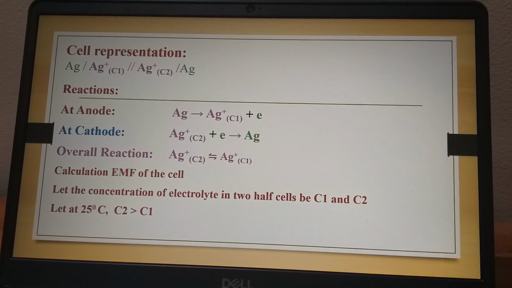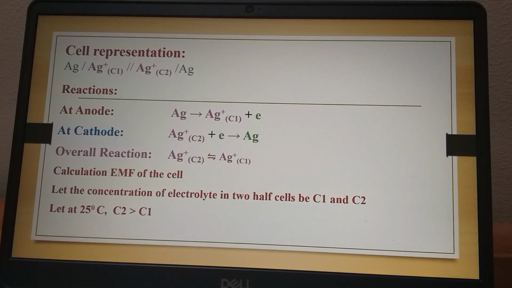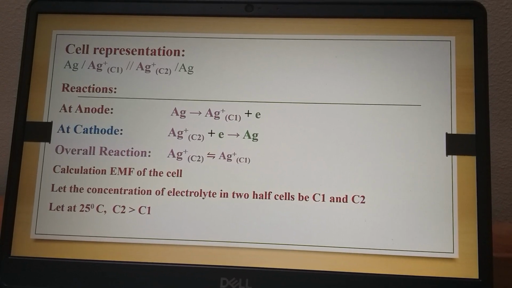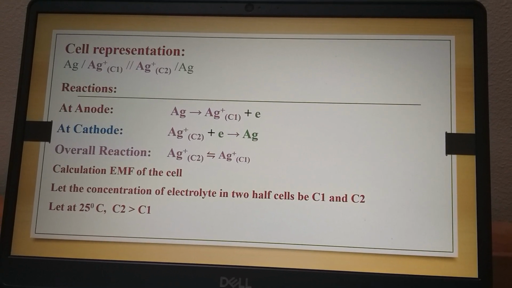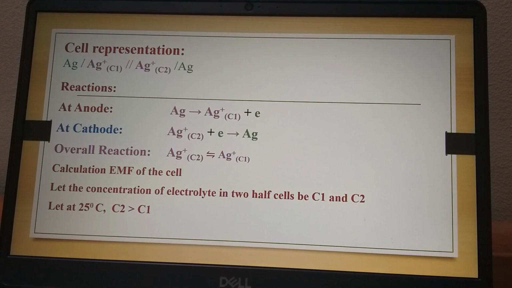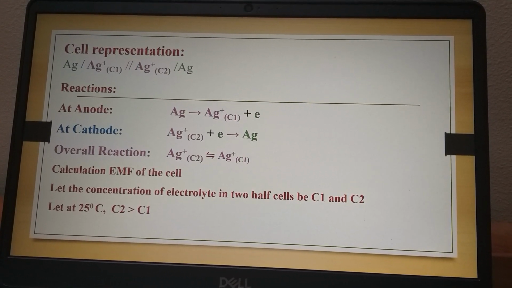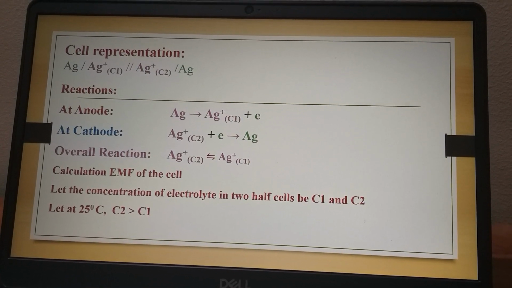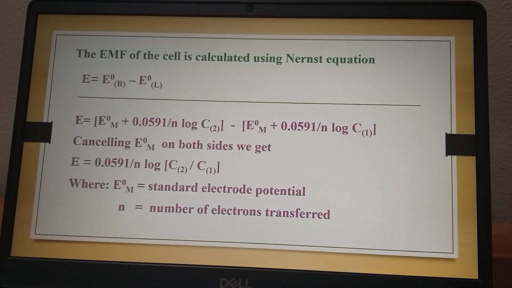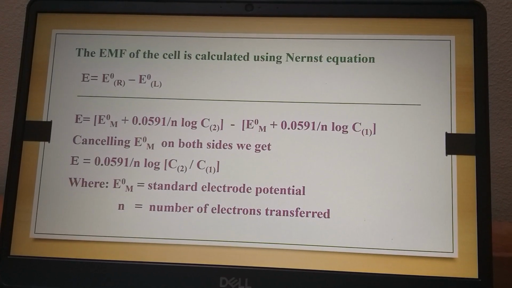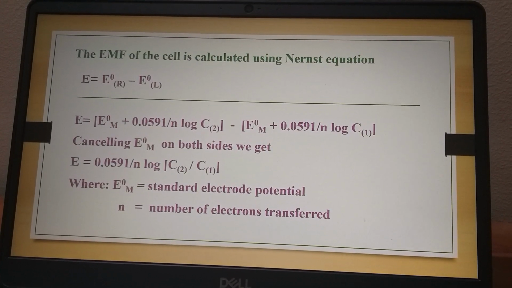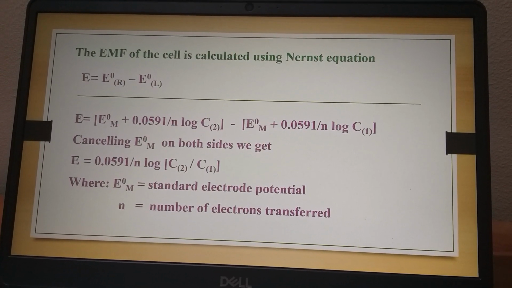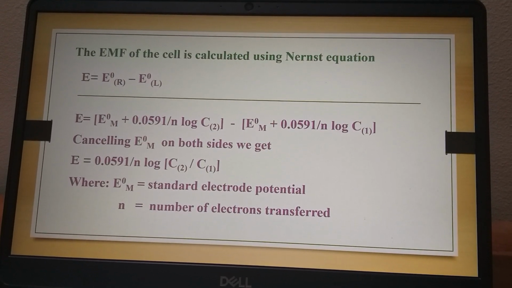Calculation of the EMF of the cell is done considering that C1 is the concentration of the electrolyte in the anodic half cell and C2 is the concentration of the electrolyte in the cathodic half cell at 25 degrees centigrade, and C2 is greater than C1. We can calculate the EMF of the cell E using the Nernst equation, E = E0 right minus E0 left.